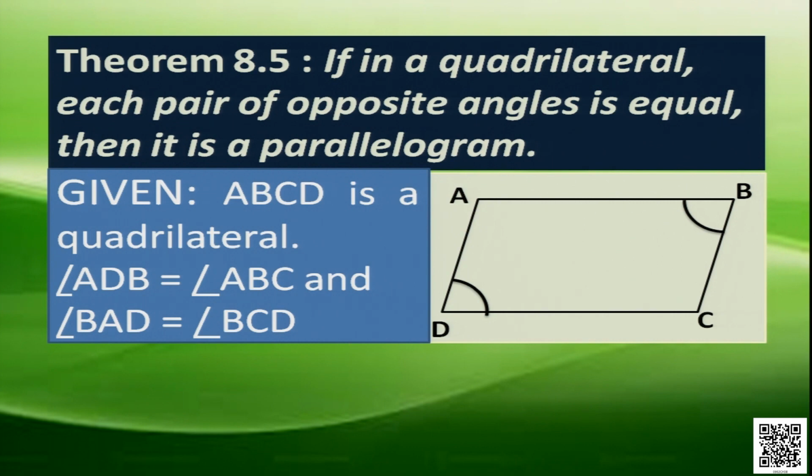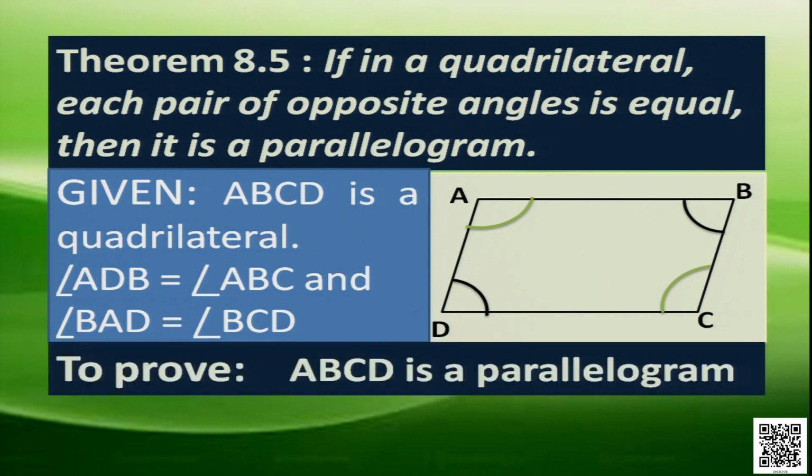Also angle BAD and angle BCD, these two are also opposite angles, and it is given that these two angles are also equal. Now what to prove? We have to prove that ABCD is a parallelogram. Now you see, to prove this to be a parallelogram, we will use the angle sum property and co-interior angle property of parallel lines. Let's see.